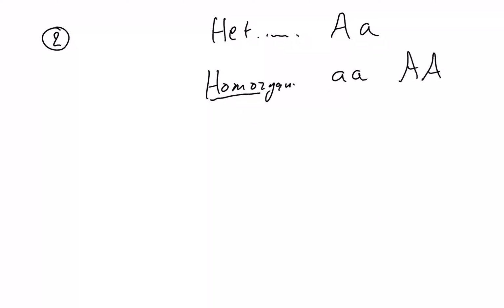And the next word that would come after it would be recessive. If it was homozygous recessive, this would be homozygous dominant. Those are some of the words that will help you along the way.